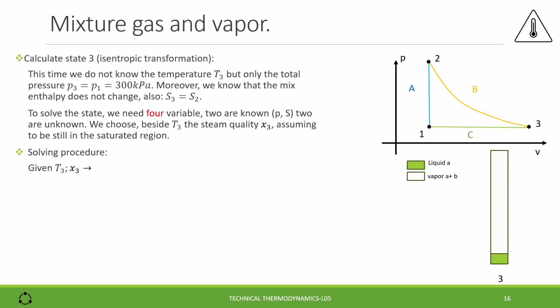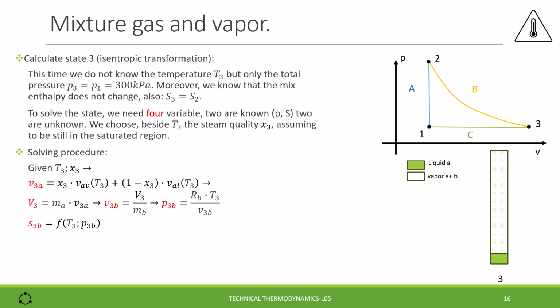The solving procedure is as follows. Given T3 and X3, we calculate the specific volume of the state 3 for the steam, then the total volume as the product of specific volume and the mass of the steam, then the specific volume of the air, dividing the volume by the mass of the air, and the pressure of the air from the state equation. The specific entropy of the air is a function of temperature and pressure.